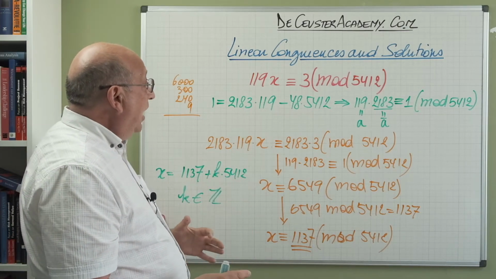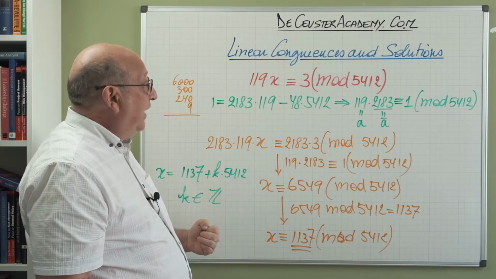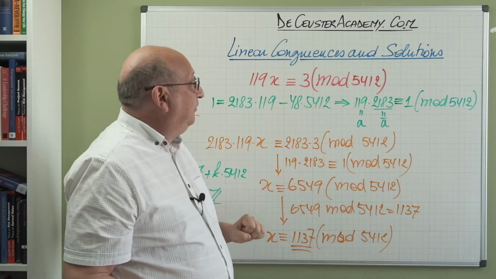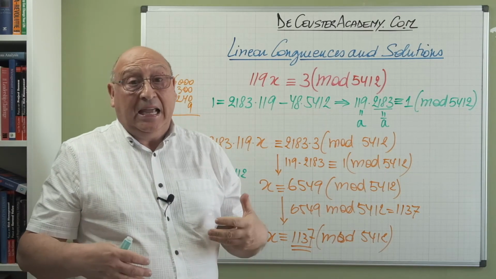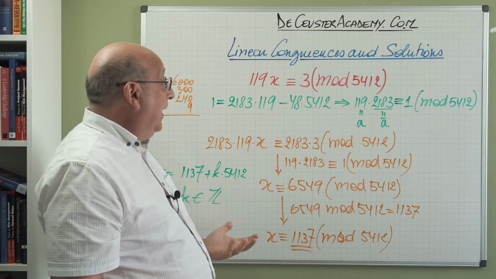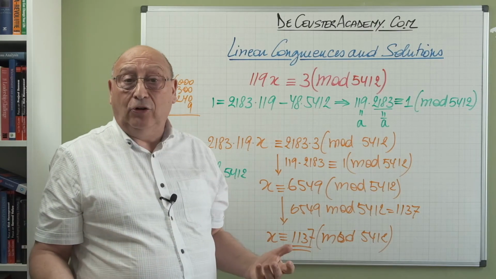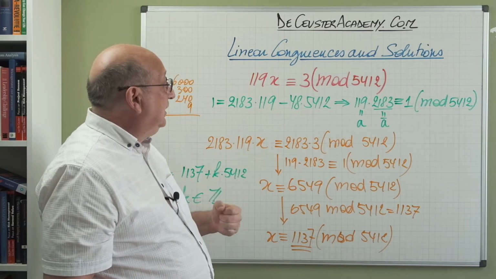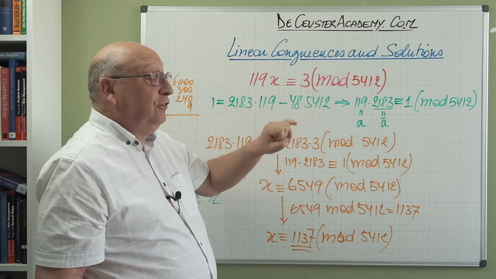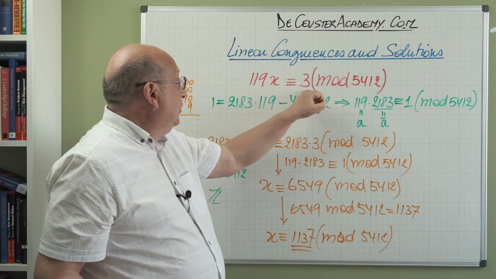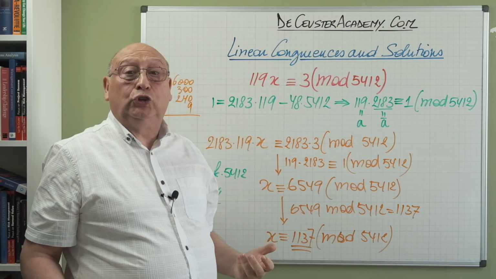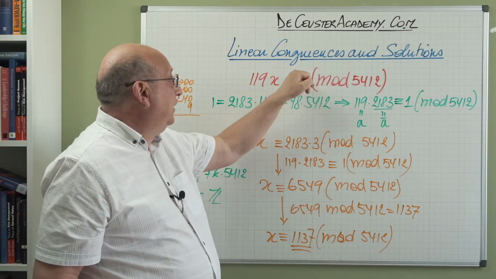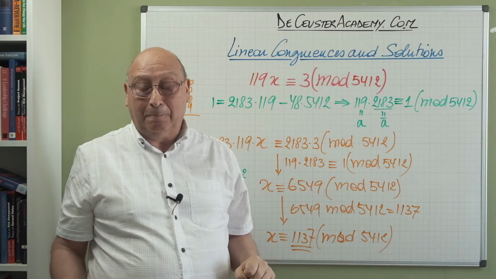This was an example where the GCD of 119 and 5412 is equal to 1. It means that there is one unique solution, and of course this GCD, which is 1, always divides 3, so we can find the solution here. We can find the value for x for any number that we have here.